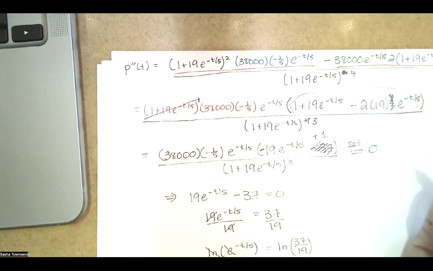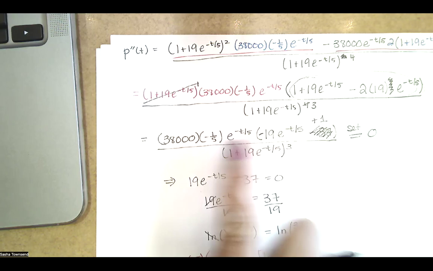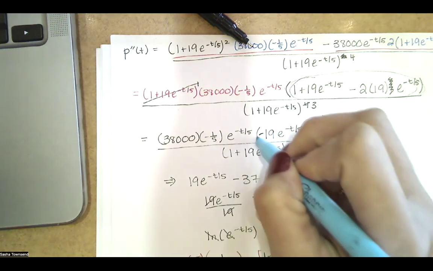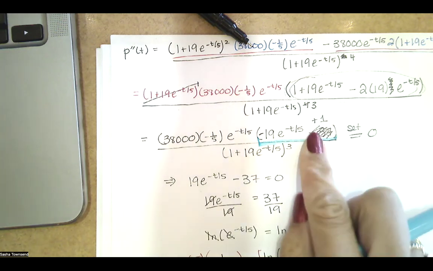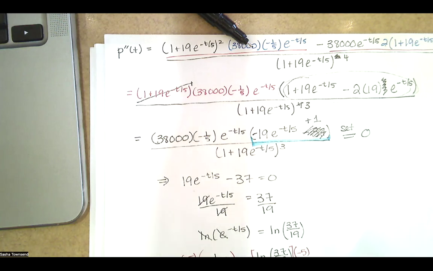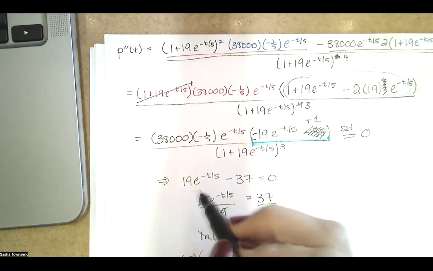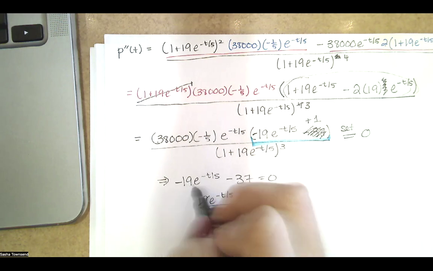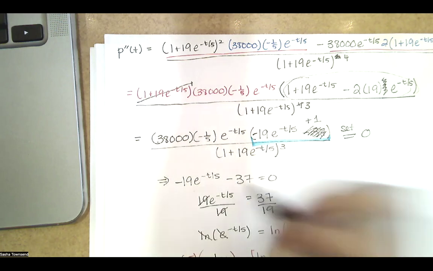We're just going to have a positive 1 there. So again, the only way that this expression is zero is if this expression in parentheses is 0. My expression was wrong though, because I forgot that exponential factor. So if we correct that, we've got a negative 19 e to the negative t divided by 5.